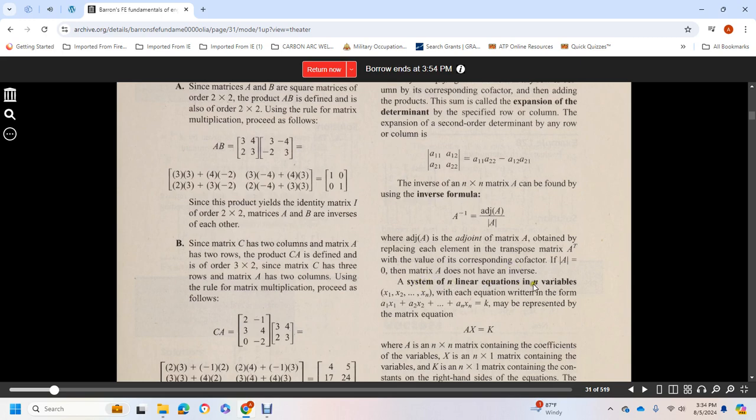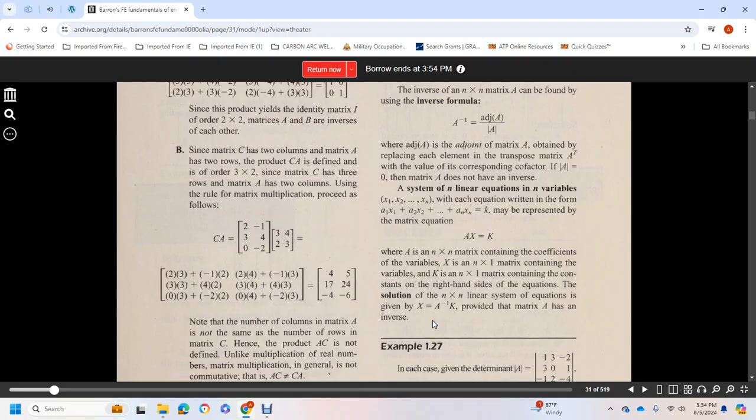A system of n linear equations in n variables x1, x2, up to xn, with each equation written in the form a_i1 x1 plus a_i2 x2 plus and so on plus a_in xn is equal to k_i, may be represented with the matrix equation AX is equal to K, where A is an n by n matrix containing the coefficients of the variables, X is an n times 1 matrix containing the variables, and K is an n times 1 matrix containing the constants on the right hand side of the equations.